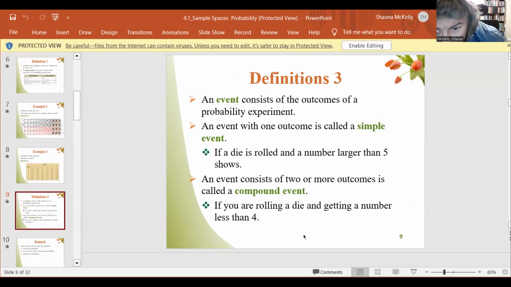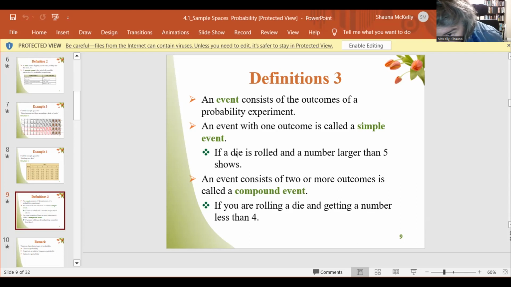7, the deck of cards, I'll probably make a separate video on for those of you who aren't familiar with it. But here's some more definitions. An event consists of the outcomes of a probability experiment. An event with one outcome, like rolling one die, is what we call a simple event.